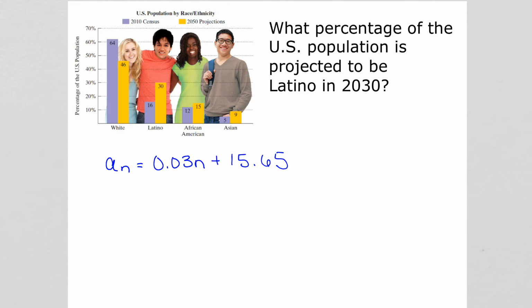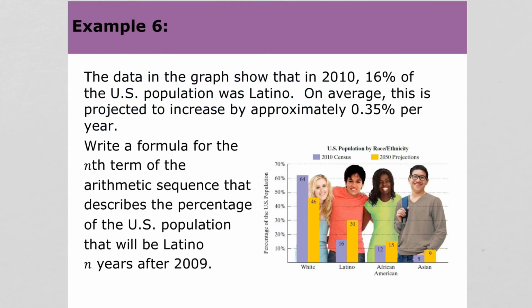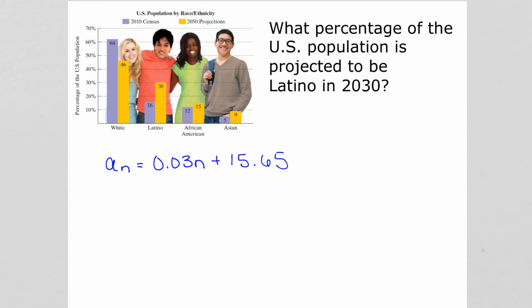Now it says, what percentage of the U.S. population is projected to be Latino in 2030? Well, it says in years after 2009, so n will be 2030 minus 2009, or 21 years.